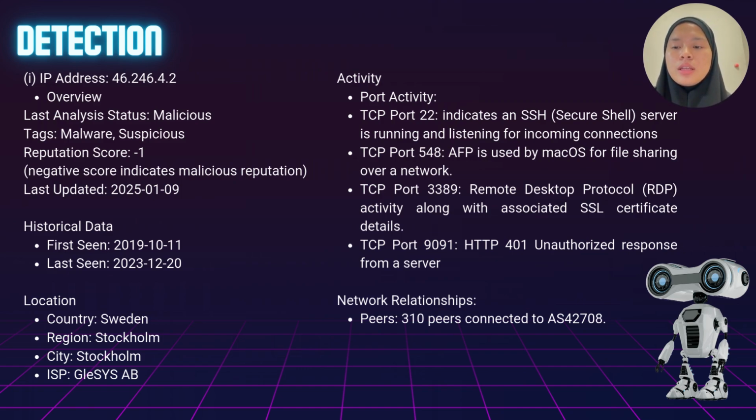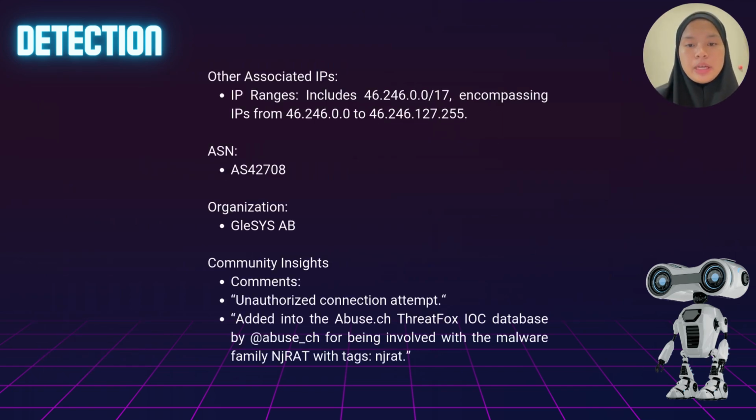It has 310 peers connected to AS42708. This IP address is also associated with other IPs in the range between 46.246.0.0 and 46.246.127.255.